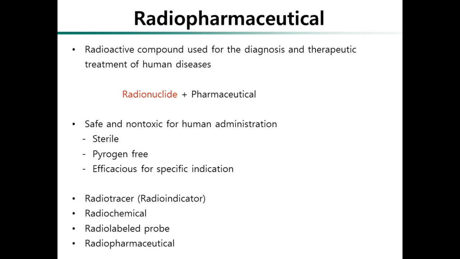As you know, a pharmaceutical should be safe, and we have to get a pyrogen-free state. Radiopharmaceuticals we also call radio tracer, radio indicator, radiochemical, or radio probe. All these three or four names are used before the clinical situation.